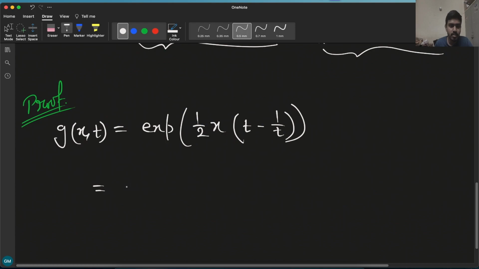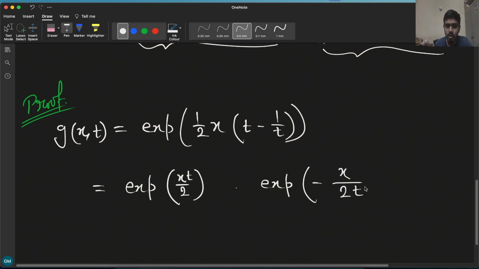It can be written as exponential of x t by 2 times exponential of minus x by 2t.